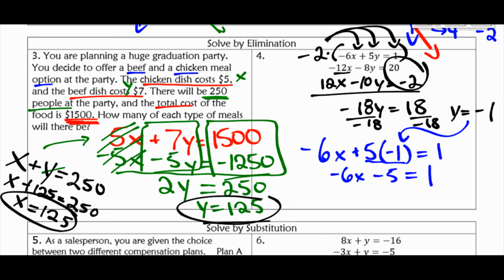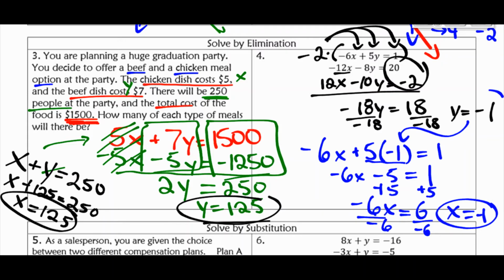Now I have a two-step equation that I know how to solve. I'm going to add the 5 over to make it 6. Gives me -6x equals 6. And then I divide by -6. And x equals -1. So the ordered pair that is the solution to this system is -1, -1.